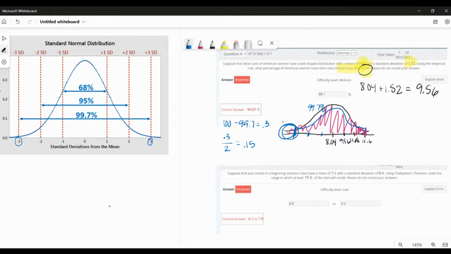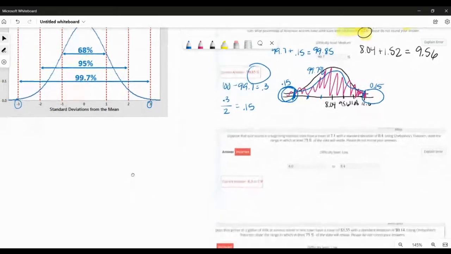There's this section down here that has an area of 0.15, and this section over here above 12.6 also has an area of 0.15. Okay, so my final answer needs to be 99.7 plus that little tidbit over there, the 0.15%. So my answer would be 99.85%. Okay. All right, next question.